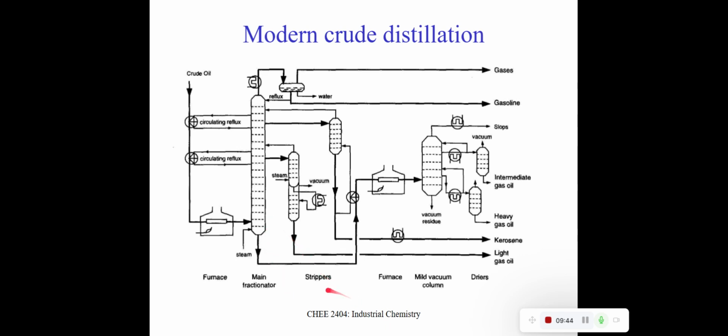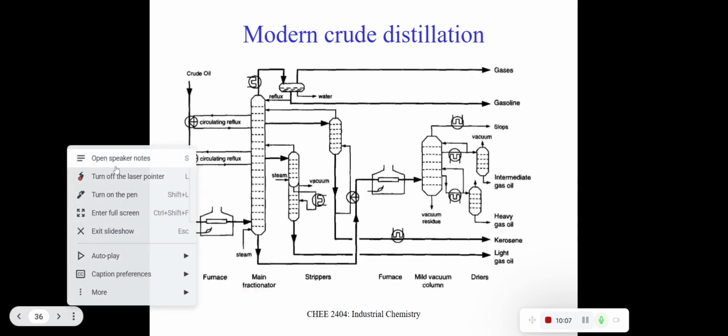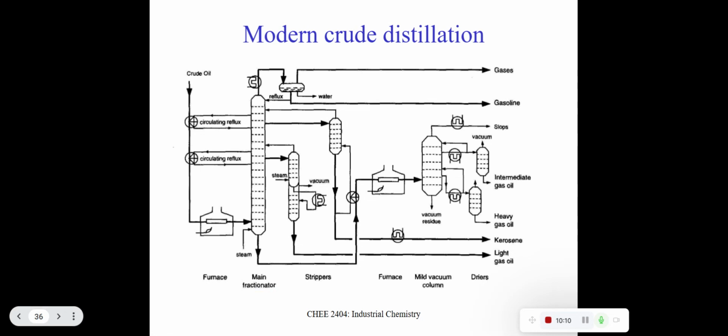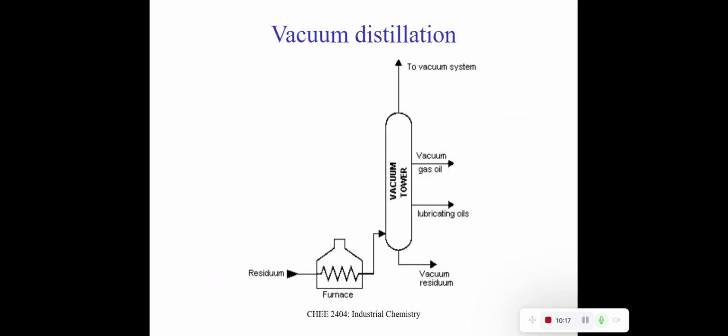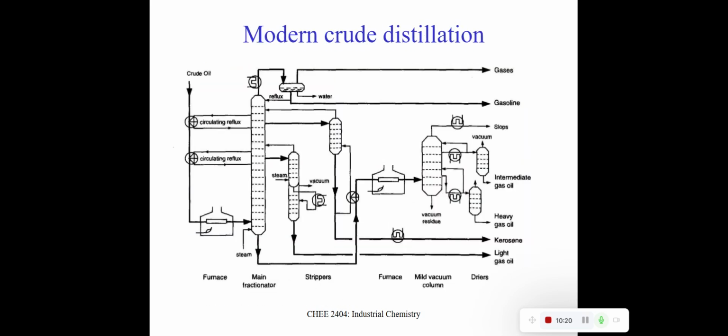Here the stripper is used because many components like kerosene and intermediate gas oils contain contaminants. They are fed to this stripper, where steam is fed in.